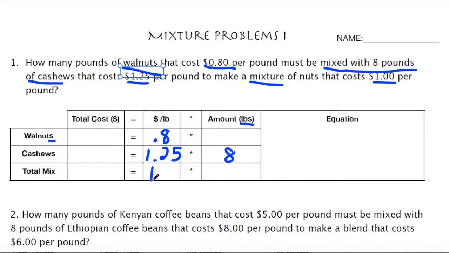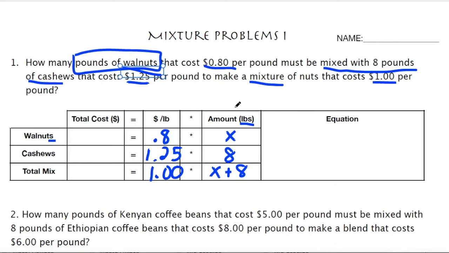So here is the mixture, the total mix, and we want that to be $1 per pound. What we don't know in this is how many pounds of walnuts, which gives us our X values. That's why it's going to be X in this cell. And then the total would be however many walnuts, X, plus the 8 pounds of cashews that we have.